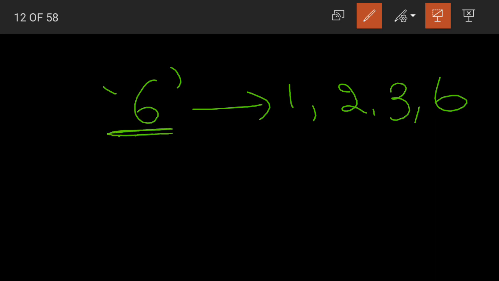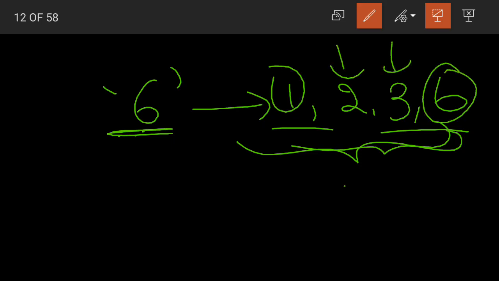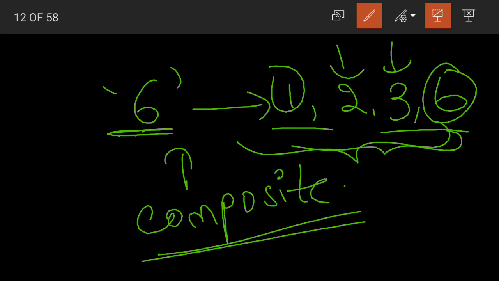So the factors of 6 are 1, 2, 3 and 6. How many factors does it have? It has more than 2 factors. Apart from 1 and itself, it has 2 more factors. Now what does that make 6? 6 becomes our composite number.